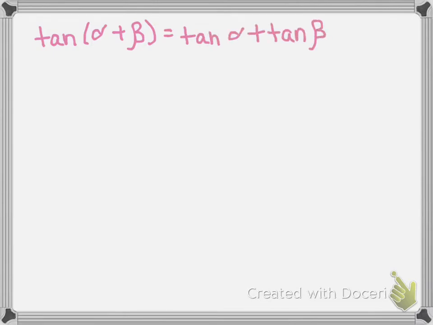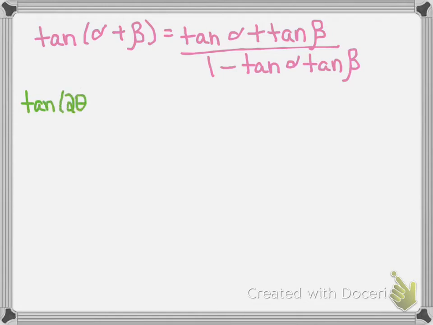Okay. All right, we need the double angle formula for tangent. So again, I think I was doing that in pink, wasn't I? All right, from your sum formula, you had that the tangent of alpha plus beta was tangent alpha plus tangent beta over 1 minus tangent alpha tangent beta. So if we want to do a double angle formula, that means I want the tangent of 2 theta.